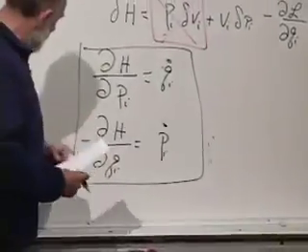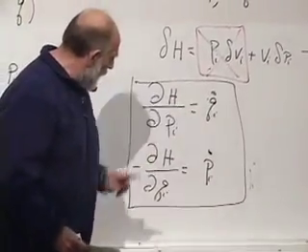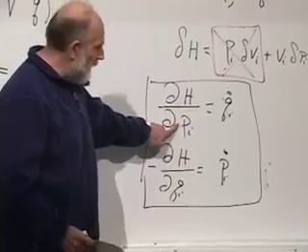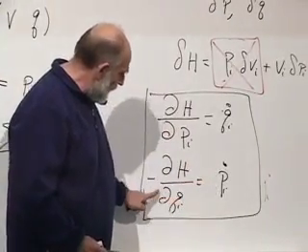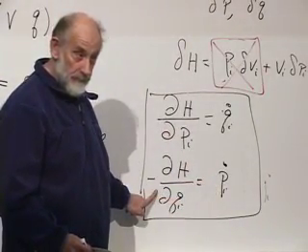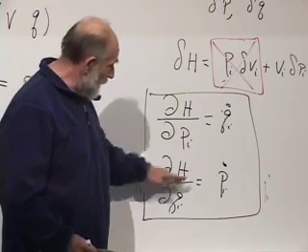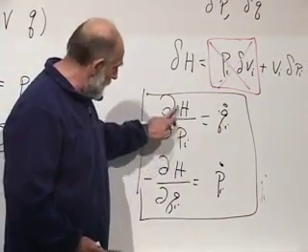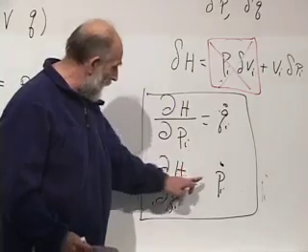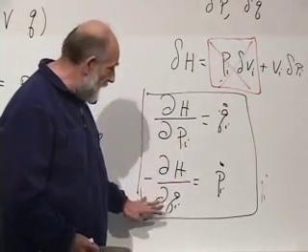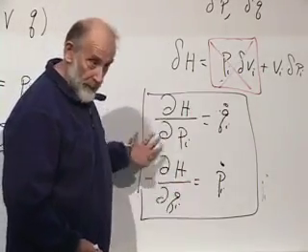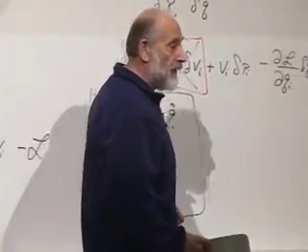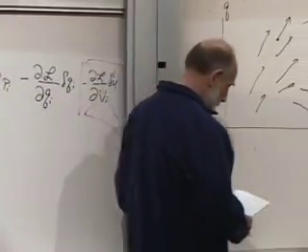Notice one funny thing, that the q velocity is a p derivative, and the p velocity is minus a q derivative. So it's not that q dot is the derivative of H with respect to q, and p dot is the derivative of H with respect to p. They get crossed in the equations. That has a profound implication, as we'll see in a moment.